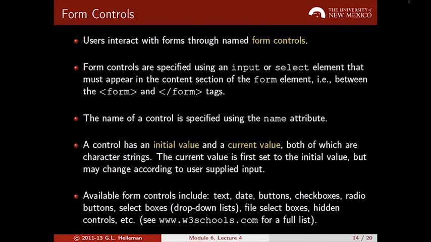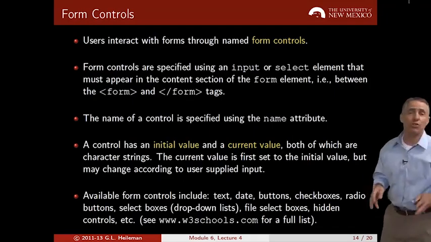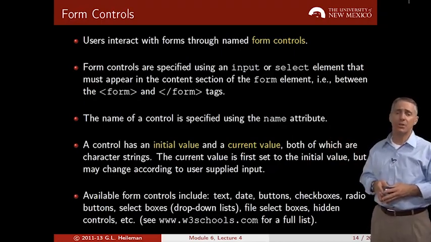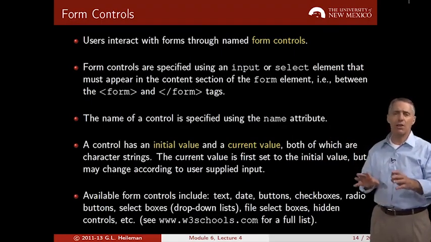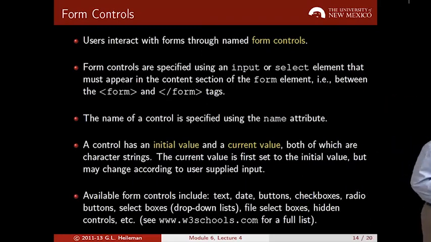For example, if you've got a very long form, it may pass information about the part of the form a user's working on, something like that. To see a list of all of the form controls that are available to you, go to www.w3schools.com and look at the full list. There's a lot there. I'm just going to go over a few right now.